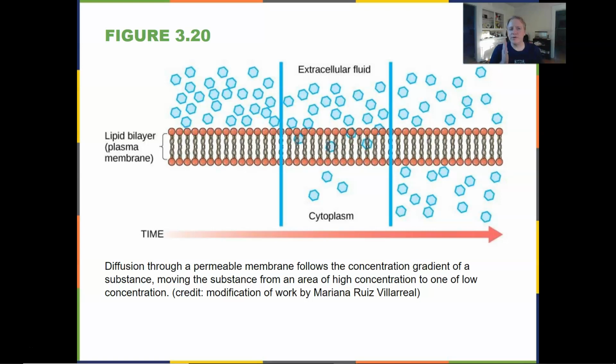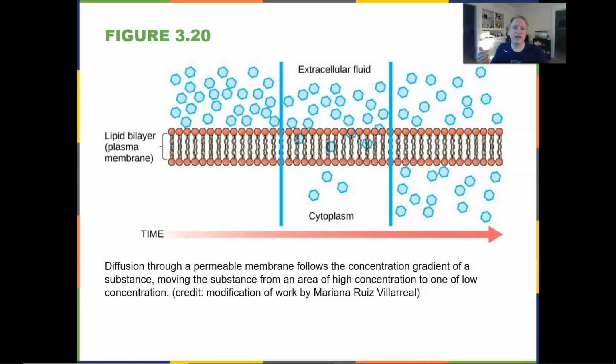Would you stay jammed in the corner with everybody right next to you? Probably not. You would diffuse throughout the classroom until you're roughly equally spaced out. You would go from an area of high concentration, where I pushed everyone into the corner, to low concentration, the rest of the room. That's the idea behind diffusion.